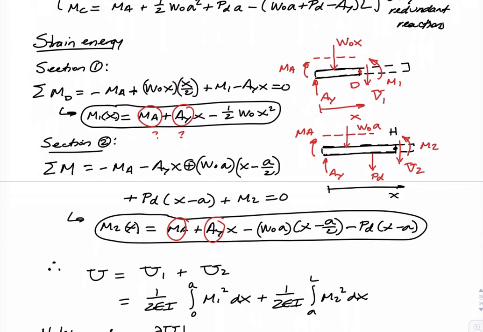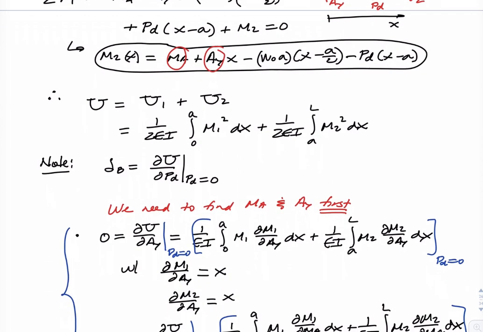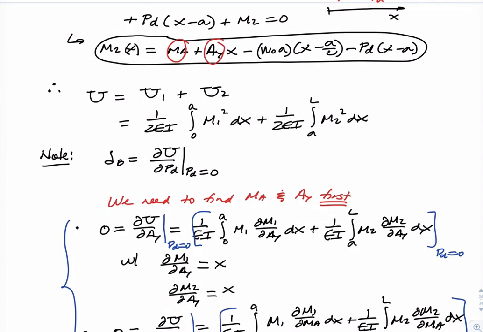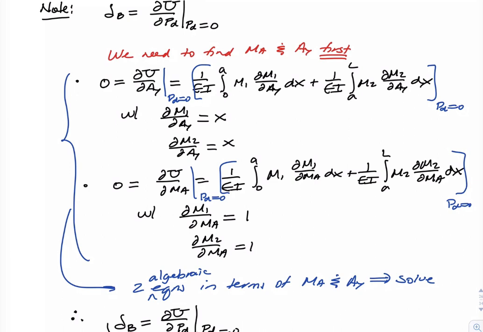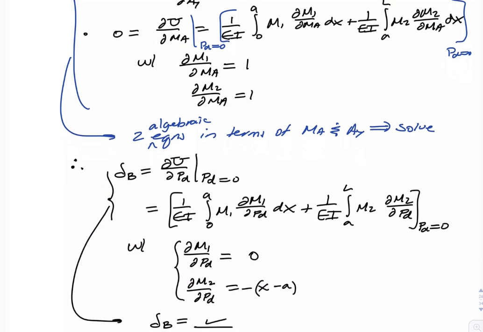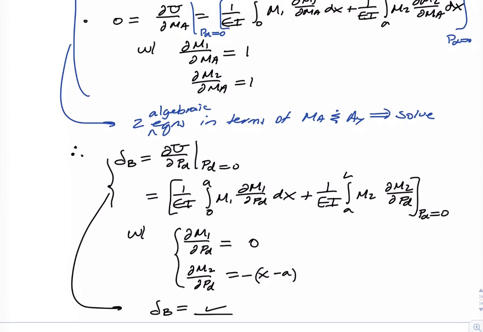We write our strain energy, U, in terms of those. We invoke Castigliano twice to get those reactions, and once we have those reactions, then we can finally get around to what we really want to do, and that's to find the deflection there at B.